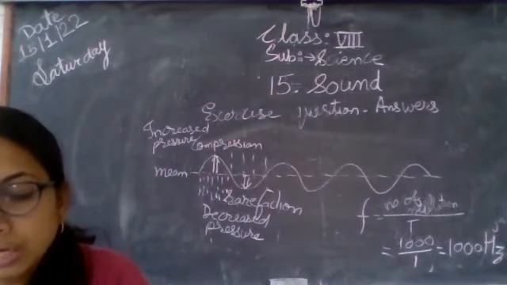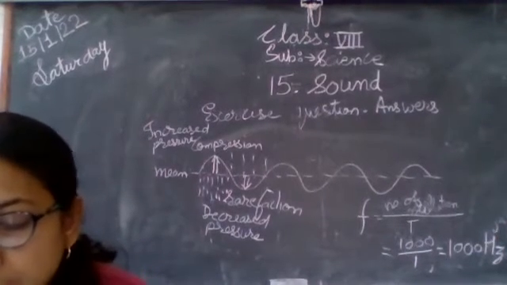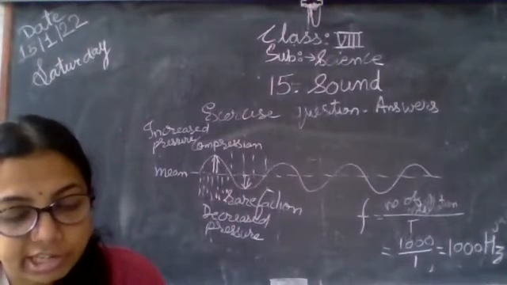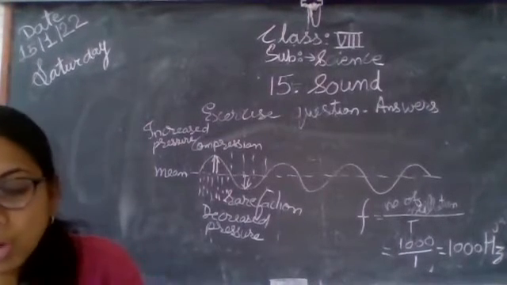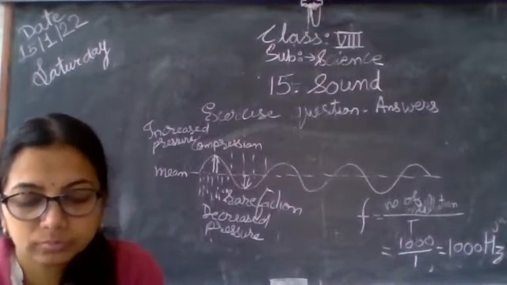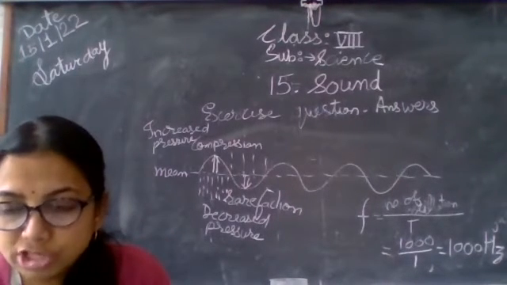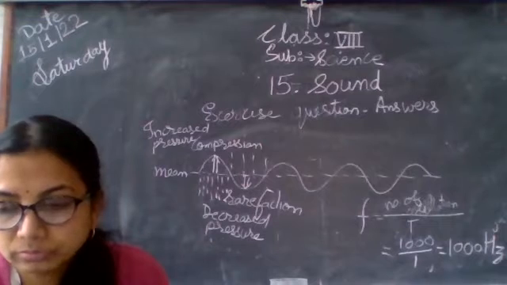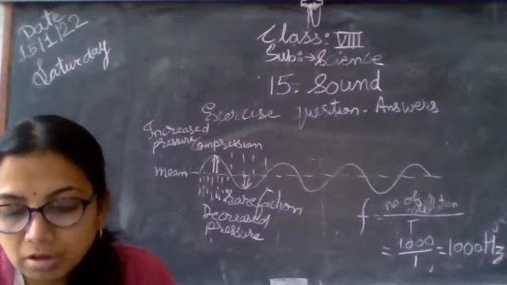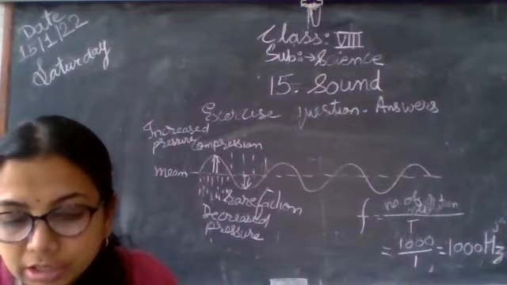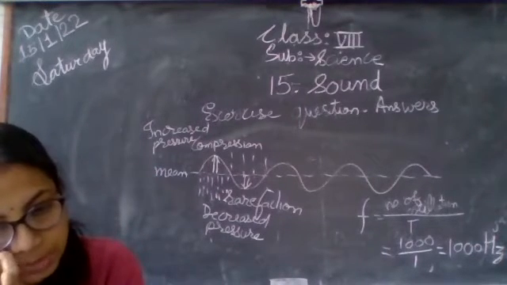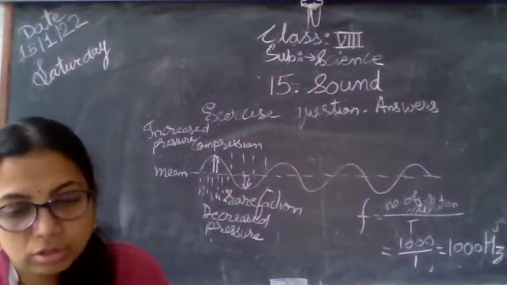E fill up: in a loudspeaker, dash energy is converted into dash energy. So how are we going to write this? In a loudspeaker, electrical energy or magnetic energy is converted. Actually, a magnet is present in the speakers, as we know.